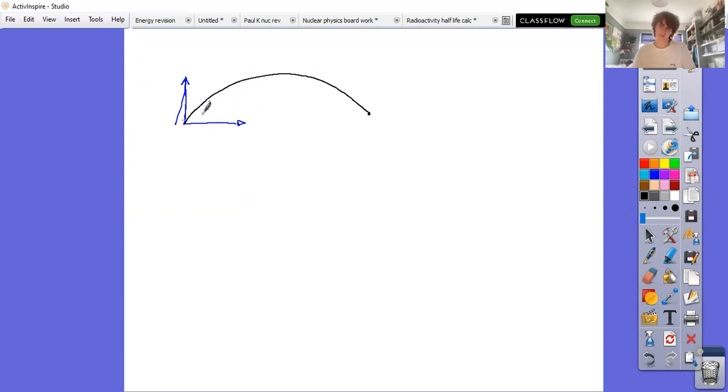If there was no gravity, you would not have a parabolic shape. Normally we are given some initial velocity with which this object is projected, which we can call U, at some angle to the ground, which we can call theta.